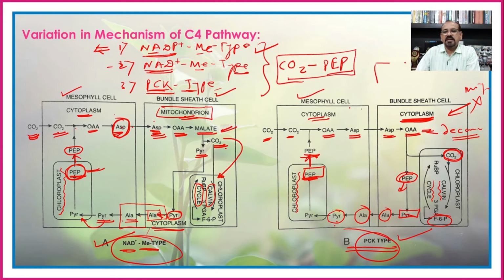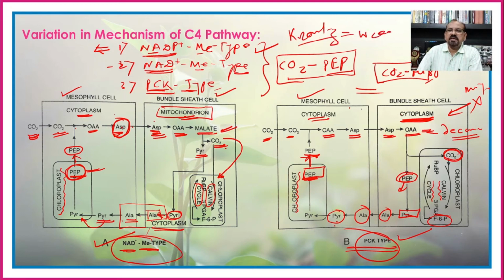And if you see the Calvin cycle, the carbon dioxide is absorbed by RuBP, that is ribulose 1,5 bisphosphate. So we have to remember this. And whenever we are remembering the C4 dicarboxylic acid pathway, or the HSK pathway, or the Hatch and Slack pathway, you have to remember that there is a presence of Kranz anatomy. Already I told you that Kranz means a wreath-like structure, and wreath means Kranz in the German language.